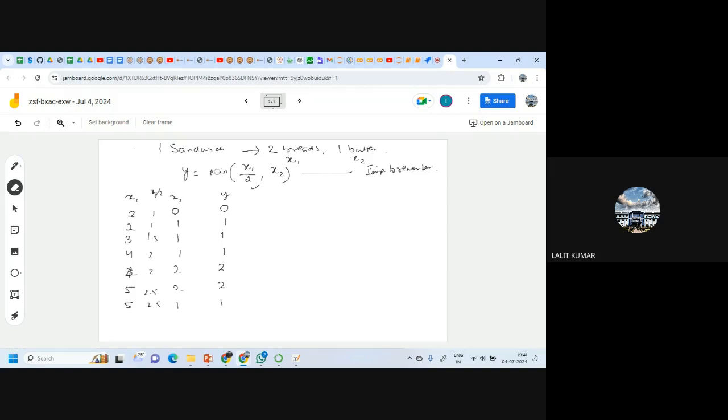On this again one question can come. Why are we taking x1 by 2 comma x2? It is coming from the example, where we understand that the production is affected by x1 by 2 and x2.